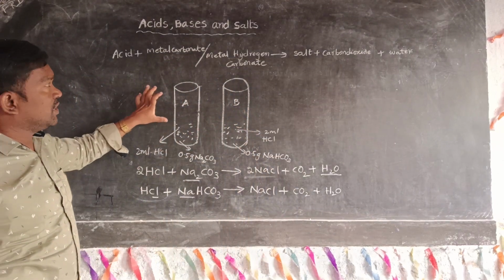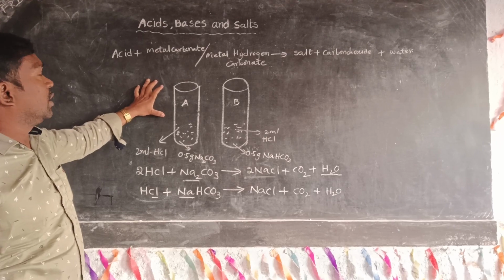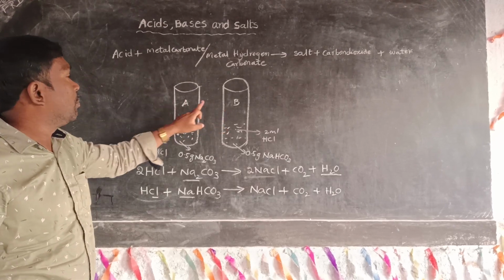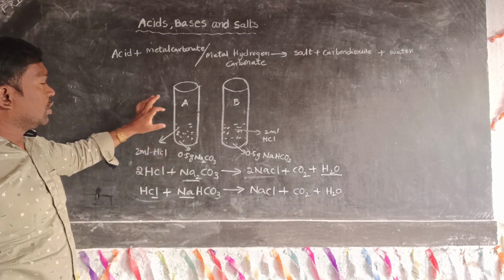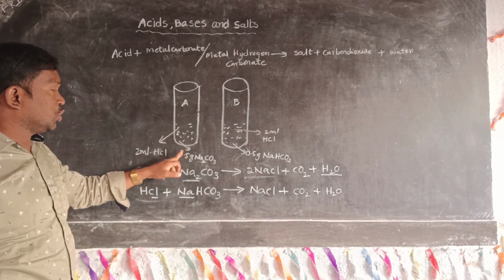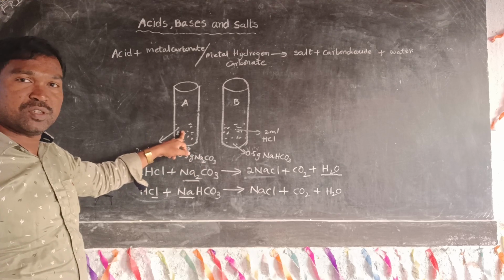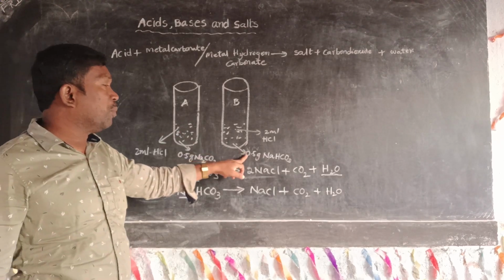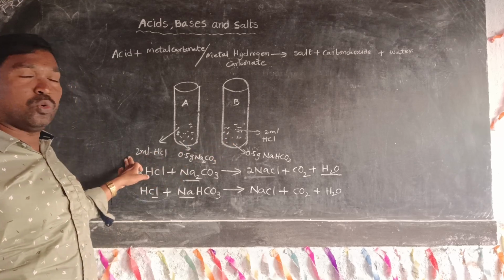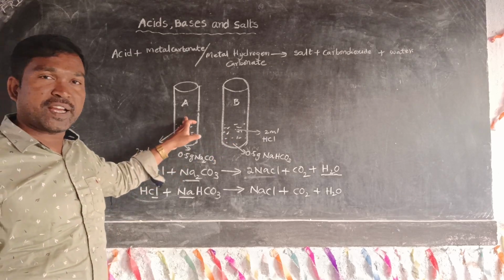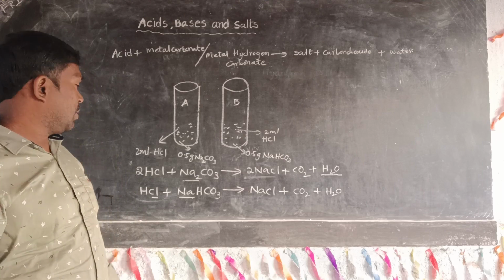So in this activity, take 2 test tubes, mark the labels A and B. Take 0.5 gram of Na2CO3 in test tube A and 0.5 gram of NaHCO3 in test tube B. Add 2 ml of dilute hydrochloric acid in both test tubes and observe.